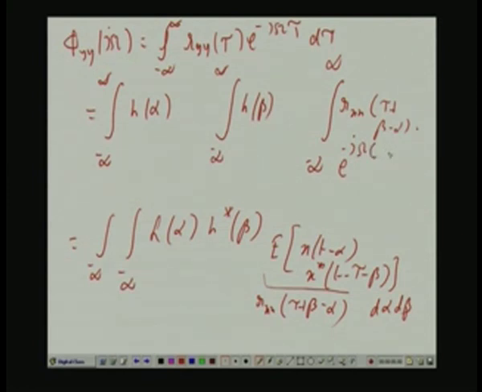Suppose I write that as this tau plus beta minus alpha. To cancel out those extra terms, I bring in, so there is an h star here, e to the power j beta tau here, d beta, and e to the power minus j alpha tau here, d alpha, and this is d tau.